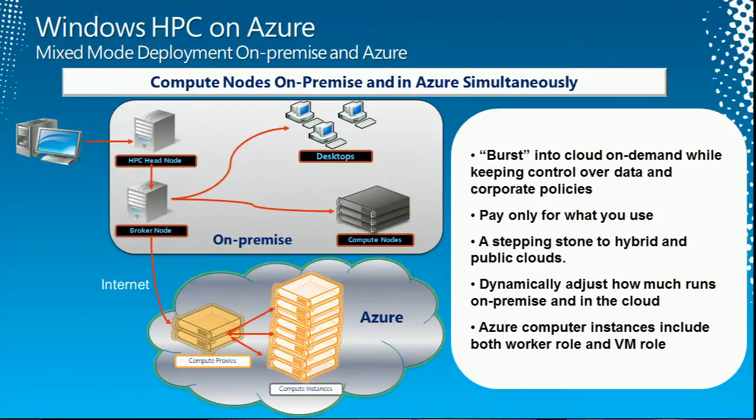So bursting into the cloud, the type of applications you can run is mostly applications that don't talk to each other so much across the various instances you're running. So embarrassingly parallel, mostly, where each unit of work is well-defined. If you're doing a ray tracing job, you want to farm that out to multiple frames.